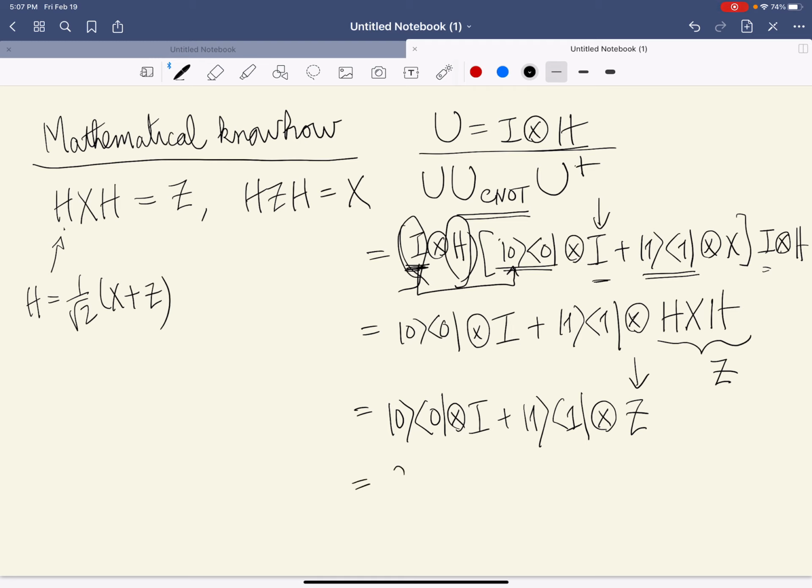In other words, this becomes a controlled Z operation, not a controlled X operation. Okay, so the controlled Z operation and the controlled X operation, or the Cnot operation, are in fact the same operations, just written out in different bases. And I thought that this is perhaps worth keeping in mind.